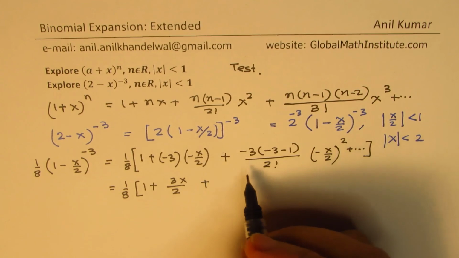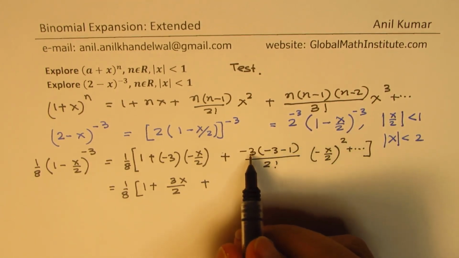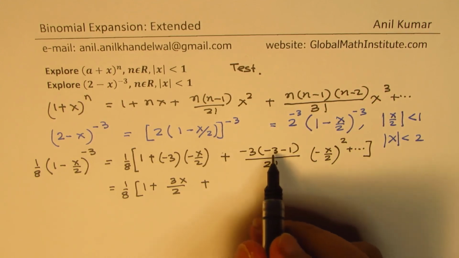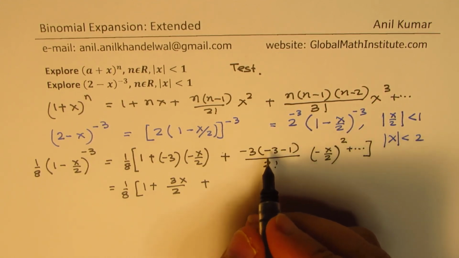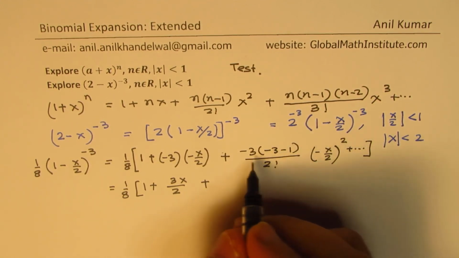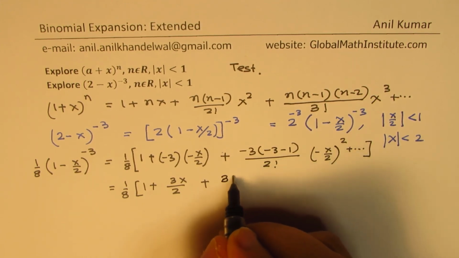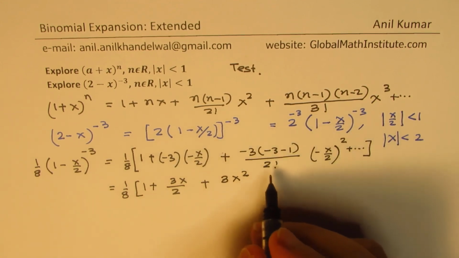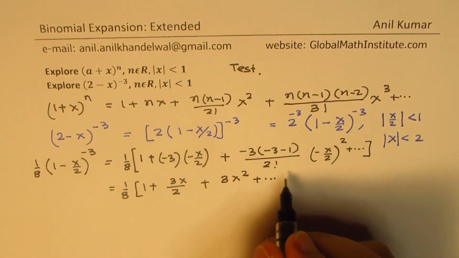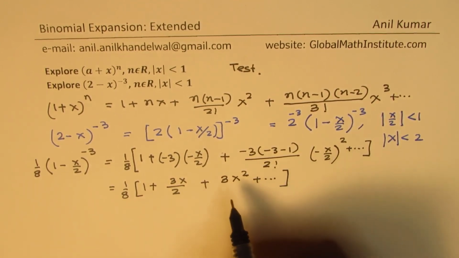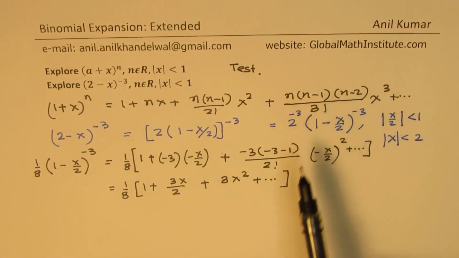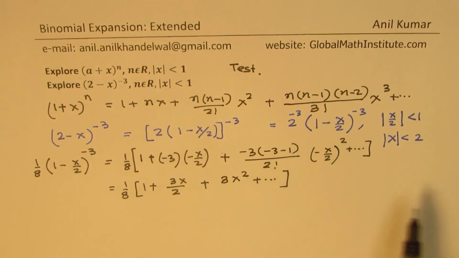So we get 3 times, this is minus 4, and these two 2's make 4, which cancels, so we are left with 3x². So that becomes the part, plus so on, correct? That becomes the equivalent expression for the given expression. You can always extend it and get the next term. I hope that makes sense.